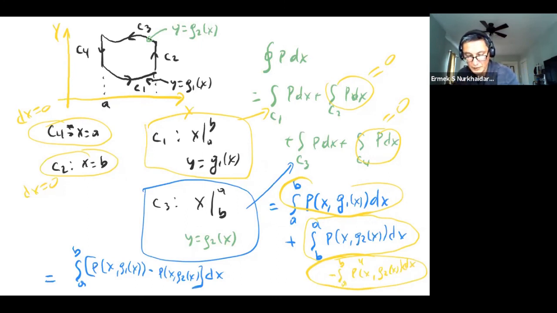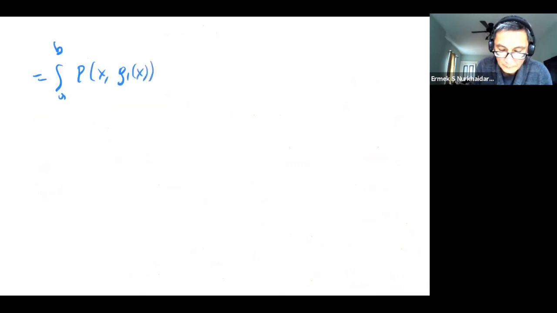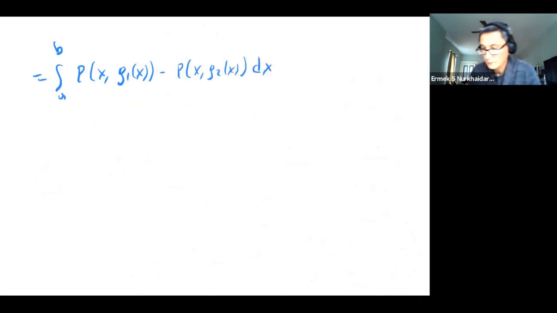Okay, so let me move on to the next page. Write it one more time, what we've got. You notice what we have inside is kind of, pretend that it is your antiderivative with respect to y.